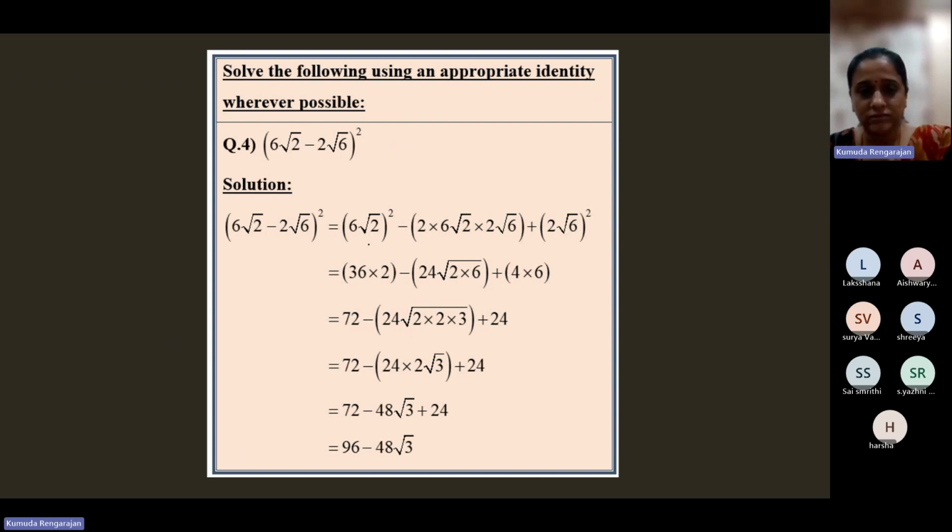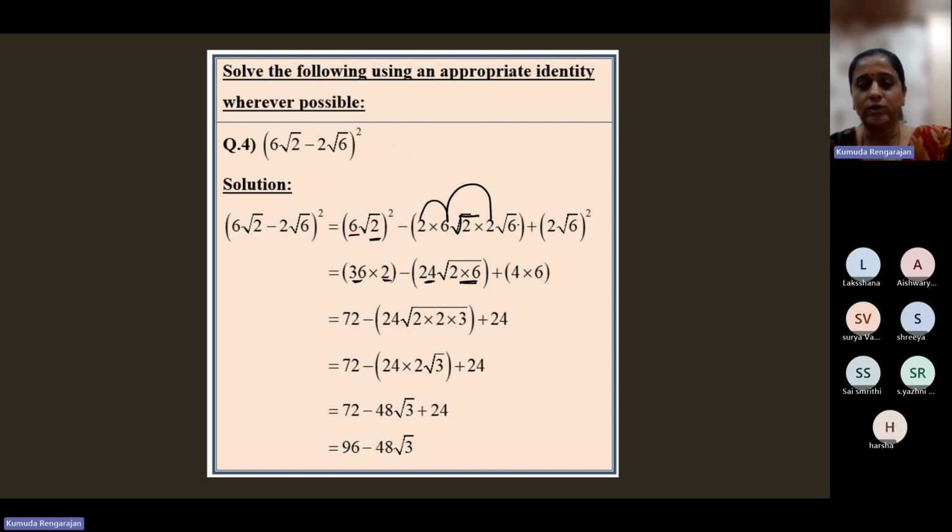So a minus b the whole square is a square minus 2ab plus b square. Now this is 6 into 6, 36. Root 2 into root 2, 2. 2 6s are 12. 12 2s are 24.